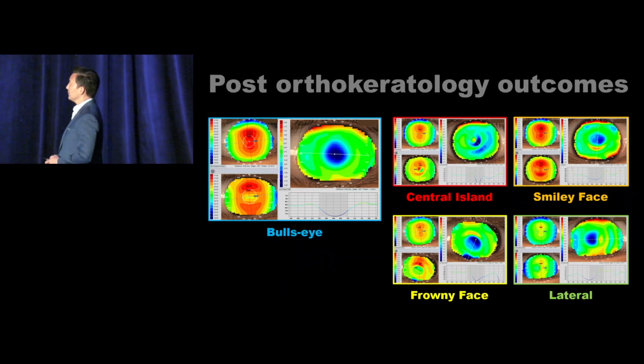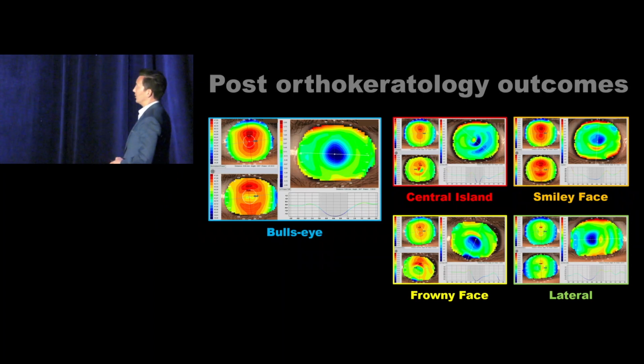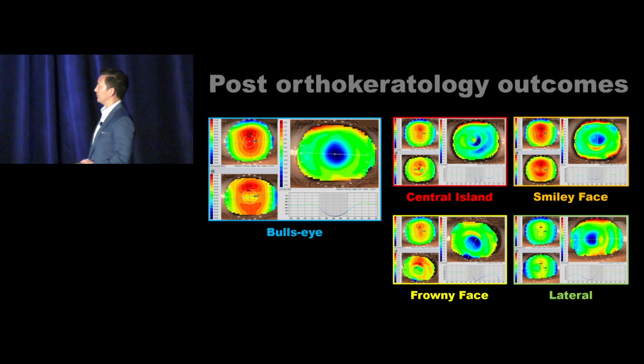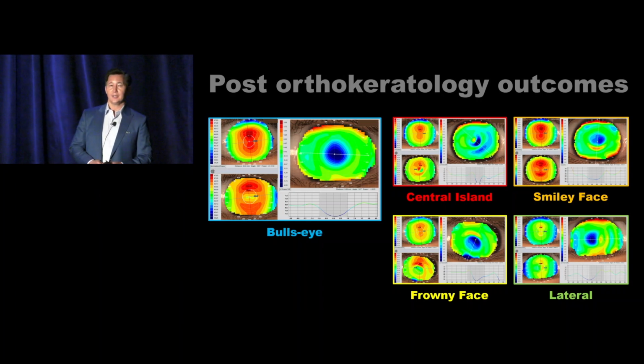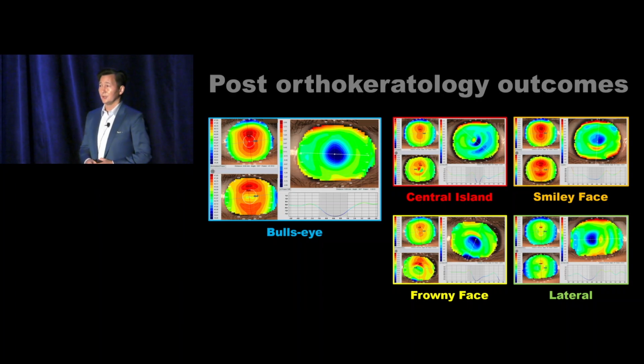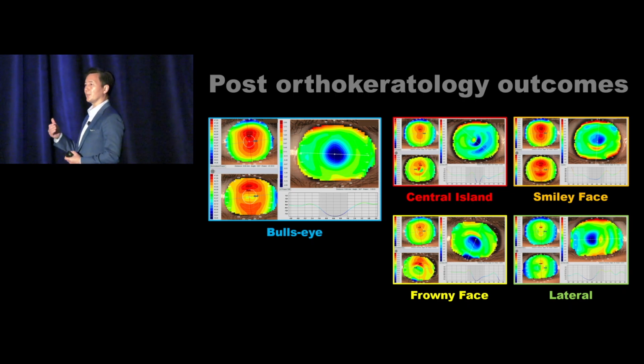Okay, so here are our orthokeratology outcomes. Bullseye, central island, smiley face, frowny face, lateral. It'll be difficult at first to determine which ones they are. Use the consultants. Email the maps off to them. Make sure that they can perform a subtraction.